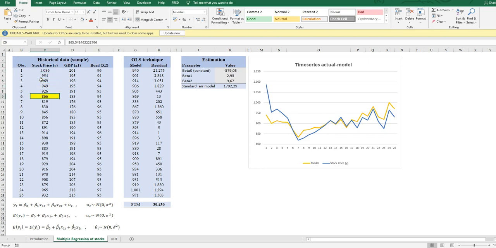It doesn't really matter which stock it is, it's just the stock price. Let's call it Y, which is what textbooks normally do when they label the endogenous variable in a regression model, also called the left-hand side variable. Here we have x1 and x2, the two explanatory variables in the model.